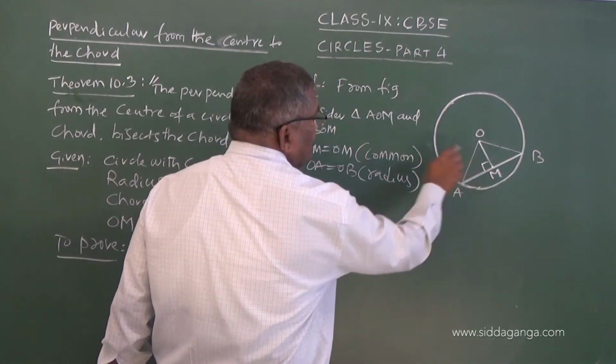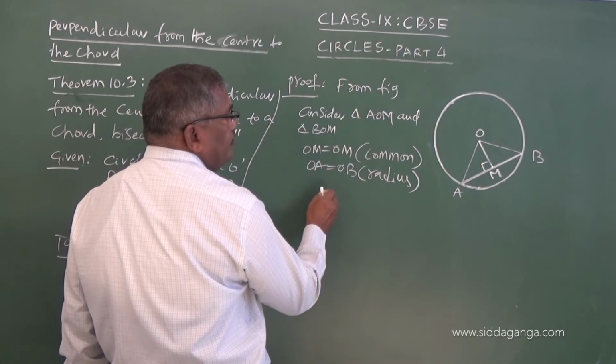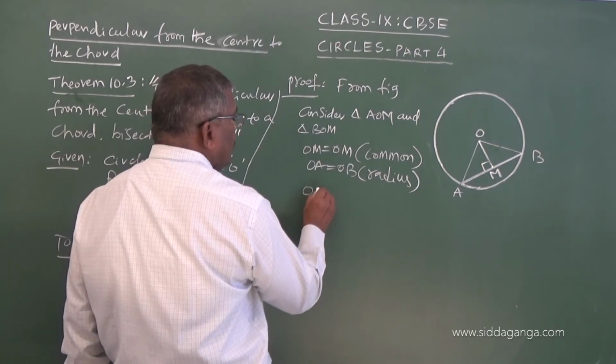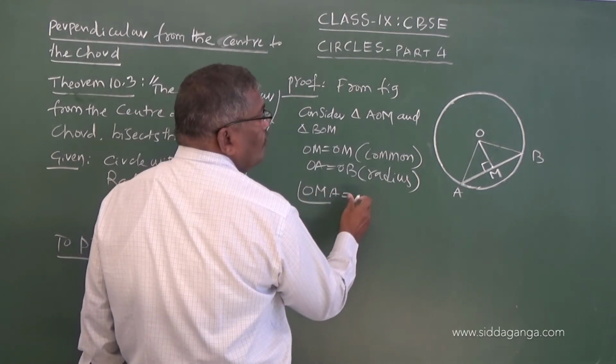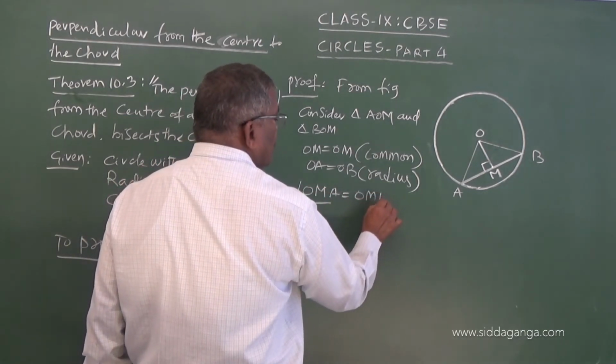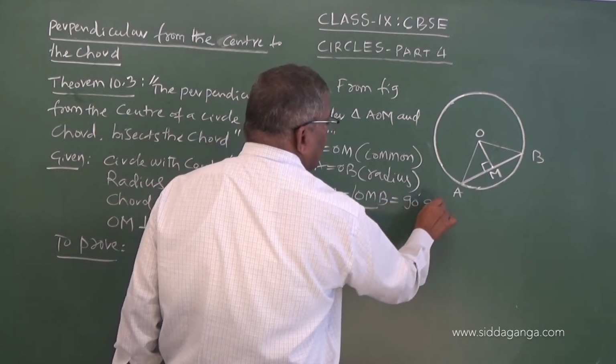Now, angle AMO or OMA is equal to OMB equals 90 degree, given.